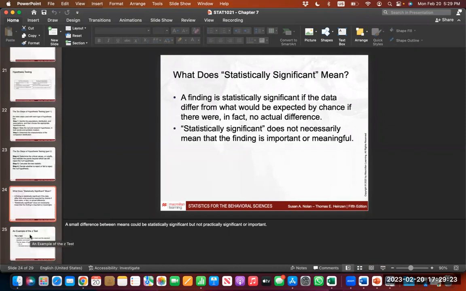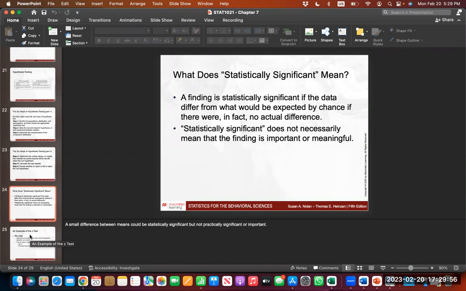What's important to keep in mind, it's not only about that p-value, it's not only about this probability of the null hypothesis or the alternative hypothesis being true, it is also about the actual difference. So if you're comparing a sample mean to a population mean, and this is significantly different with a very large sample size, that does not necessarily mean that you're really looking at a significant, relevant, meaningful difference.